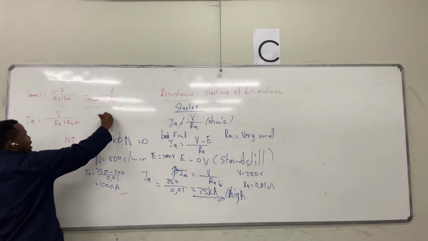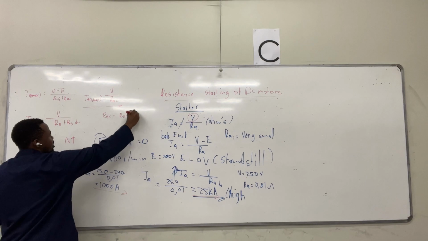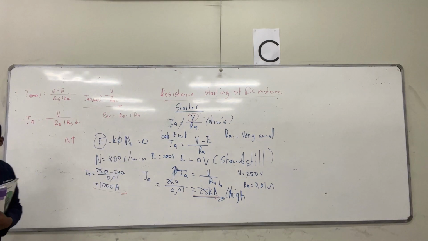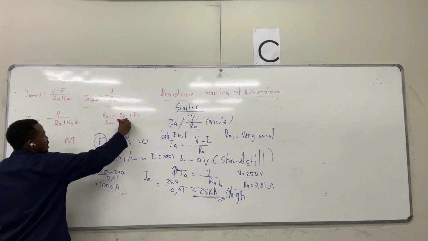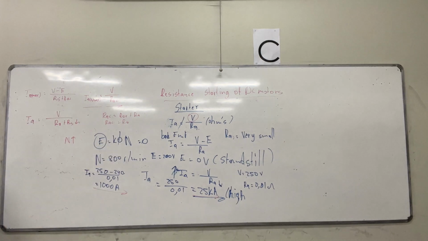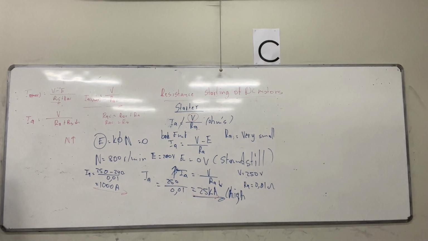RAC is given by R series plus R armature. With shunt motor, RAC is R armature only. You get it now? Okay. So, lena, your resistance and what? Yes, that.